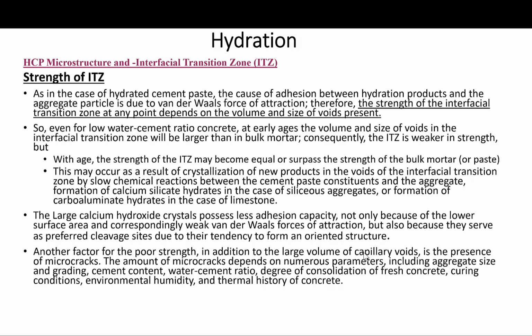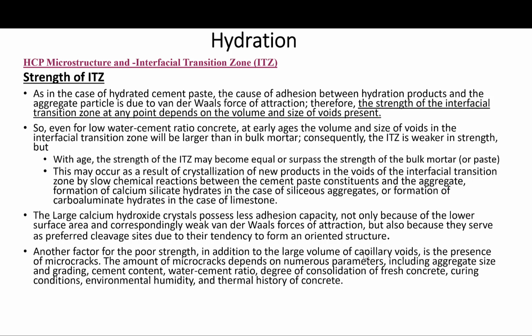In addition to the large volume of capillary voids and oriented calcium hydroxide crystals, a major factor responsible for the poor strength of the interfacial zone in concrete is the presence of microcracks.